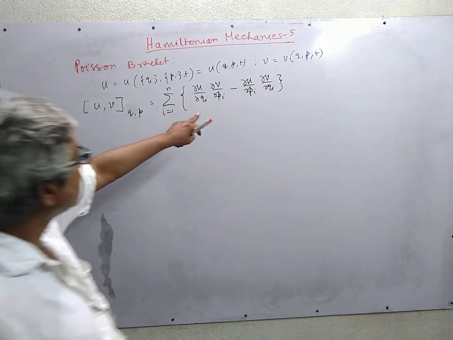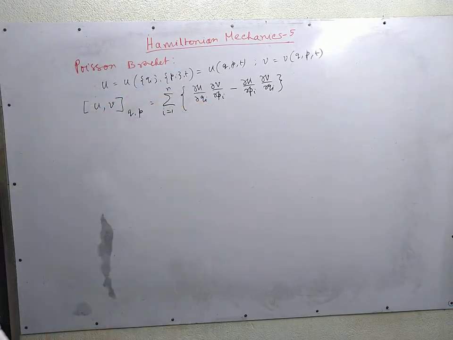This sum runs from 1 to n, the number of degrees of freedom of the system. This is the fundamental definition of the Poisson bracket.